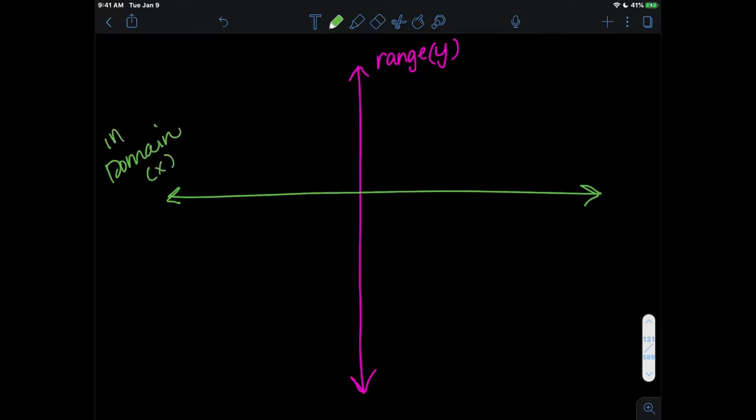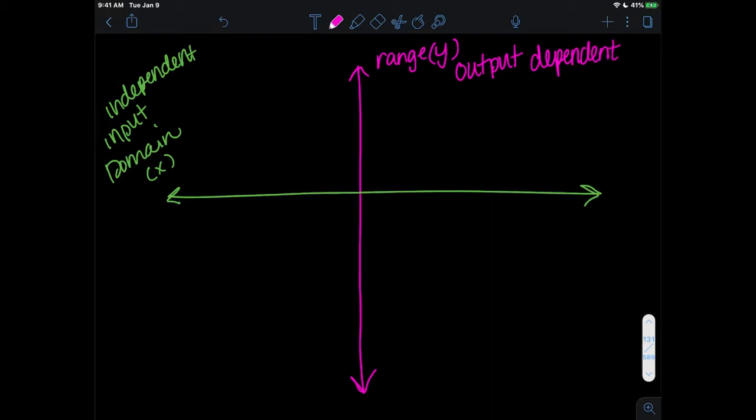We can also call this input, independent variable, right? And over here for the range, we can also call this output and dependent.